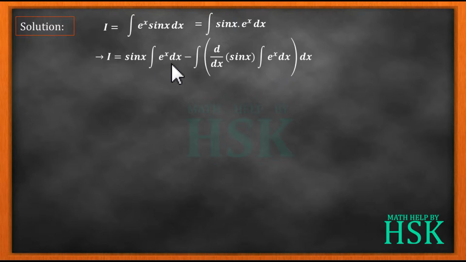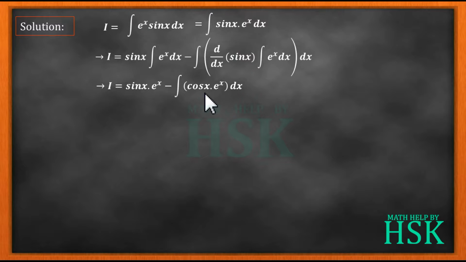Now integration of e to the power of x is e to the power of x, differentiation of sin x is cos x. So I obtain e to the power of x into sin x minus integration of cos x into e to the power of x dx.